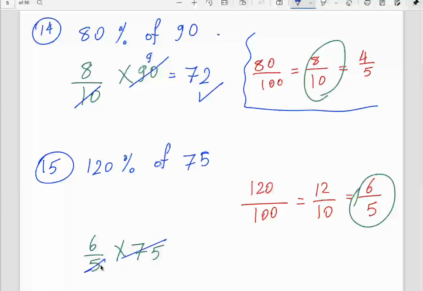First, 75 divided by 5 equals 15. Now multiply 6 by 15.